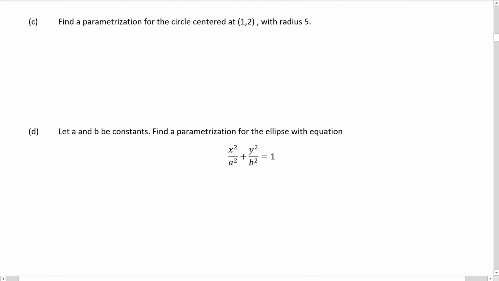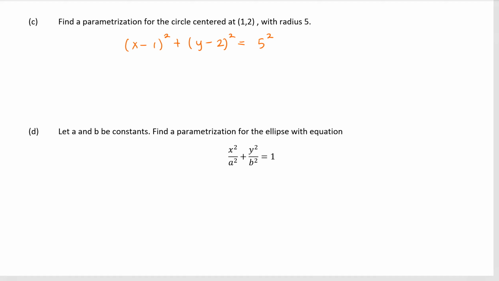Okay, let's continue. Find a parametrization for the circle centered at (1, 2) with radius 5. So what is the circle formula? We have x minus the x coordinate of the center, squared, plus y minus the y coordinate of the center, squared, equals r squared. So far so good, everybody?